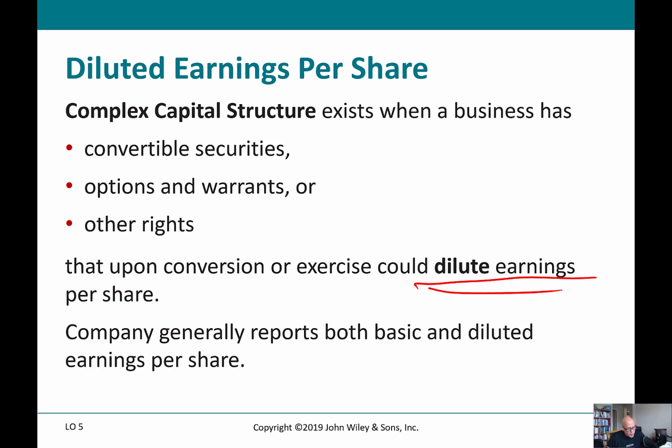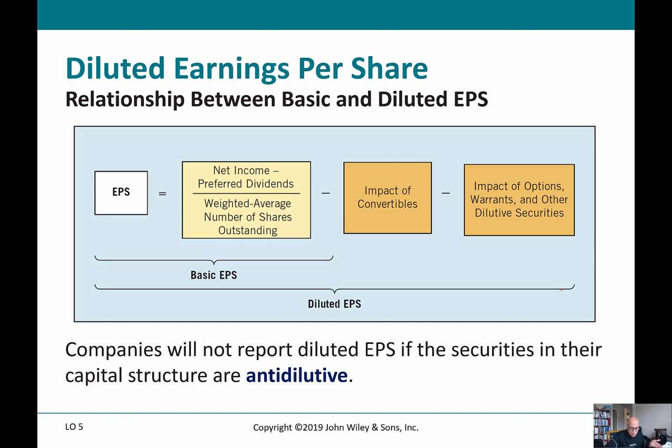Okay, so the way that's going to work becomes a mathematical consideration, in that the conversion will affect the numerator, and in most cases it will cause the net income to increase, but it will also cause the denominator, the shares outstanding that we're using, to increase. And so just mathematically speaking, if after you consider these dilutive securities the earnings per share comes up above the primary earnings per share, we won't report it.